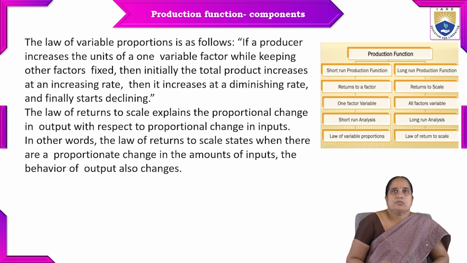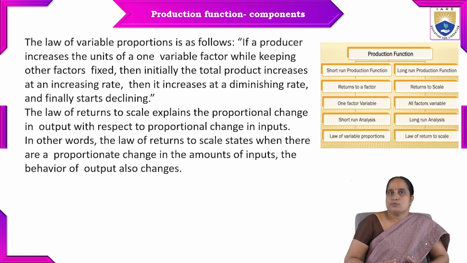Coming to the production function and its components, the law of variable proportions is as follows. If a producer increases the units of one variable factor while keeping all other factors fixed, then initially the total product increases at an increasing rate, then it increases at a diminishing rate, and finally starts declining.